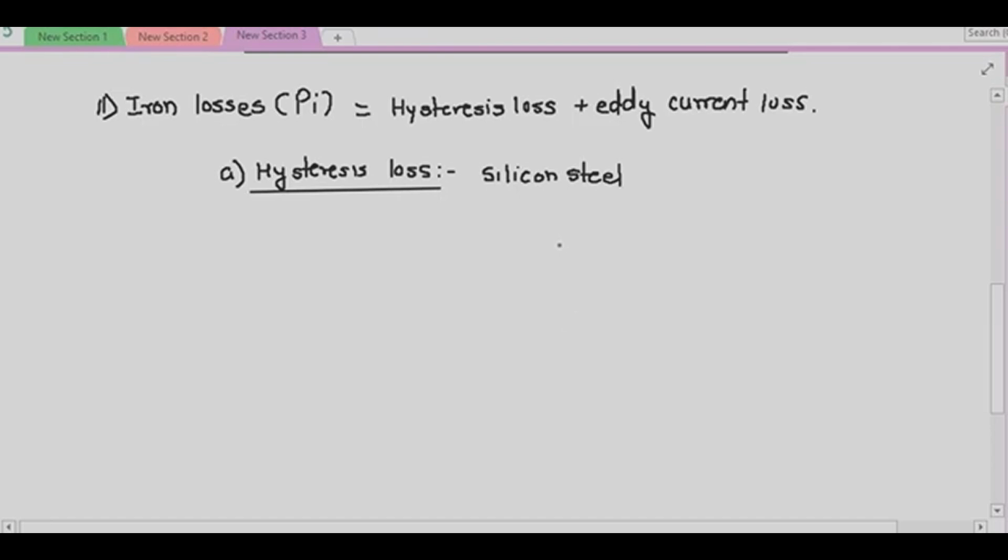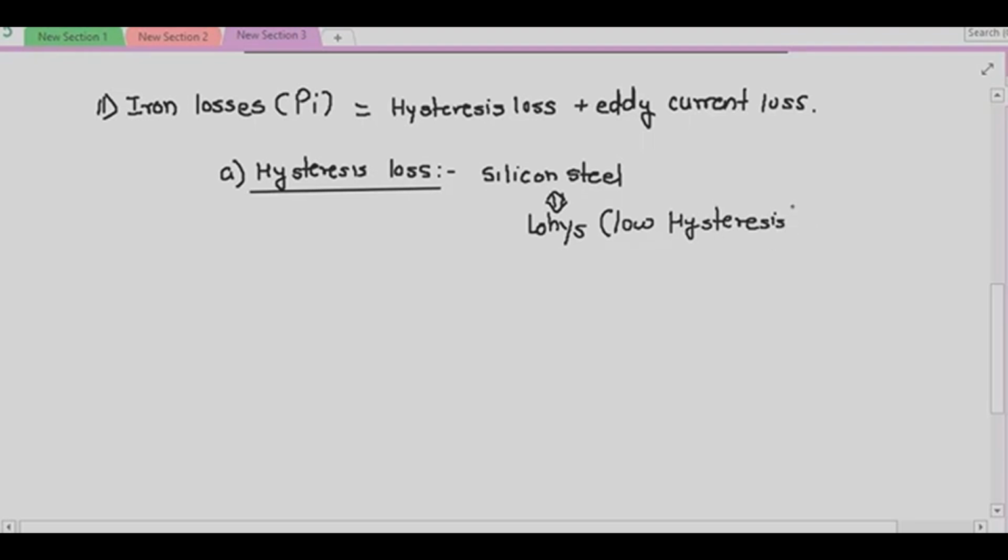But commercially such steel is also called as Lohys, meaning low hysteresis material, the material having low hysteresis loss.